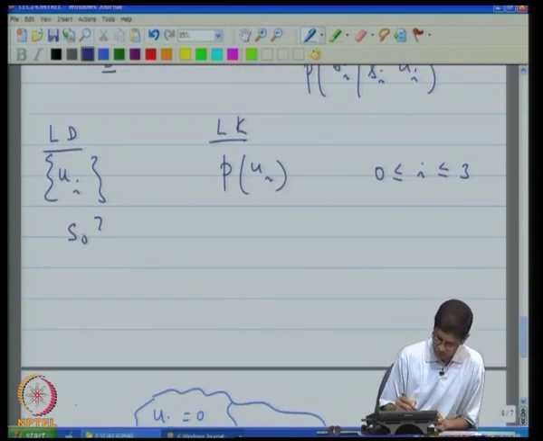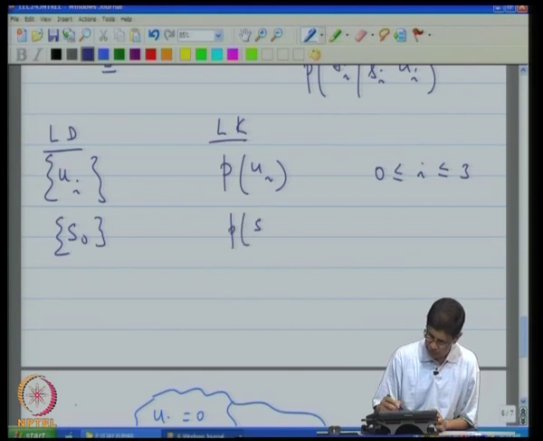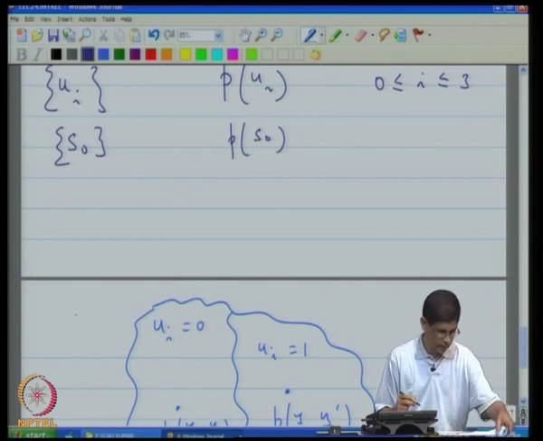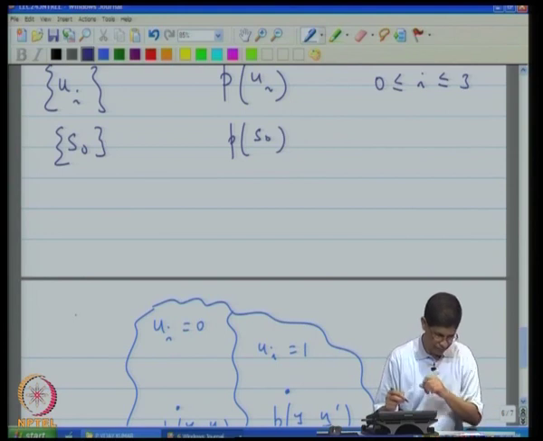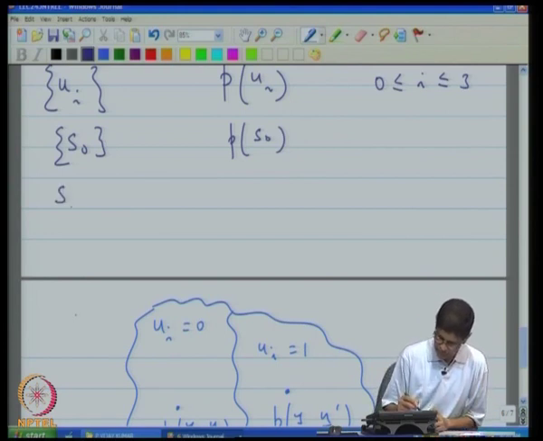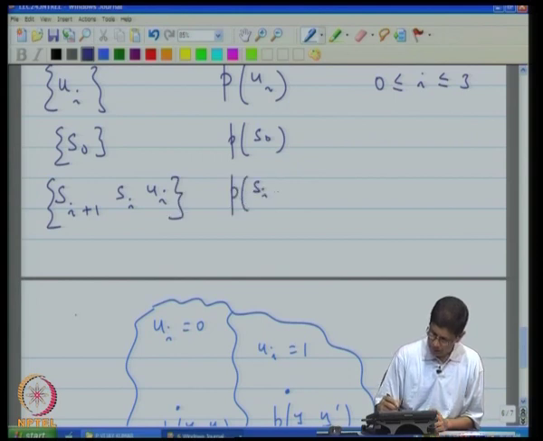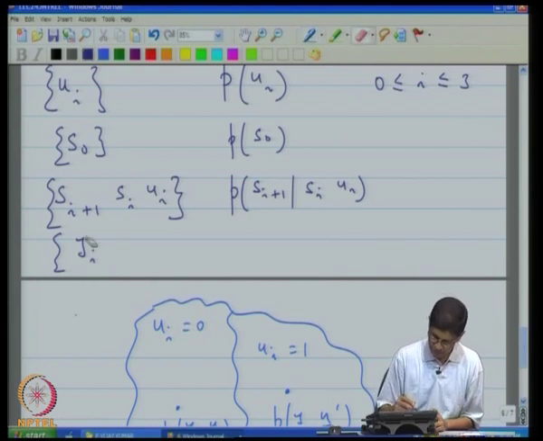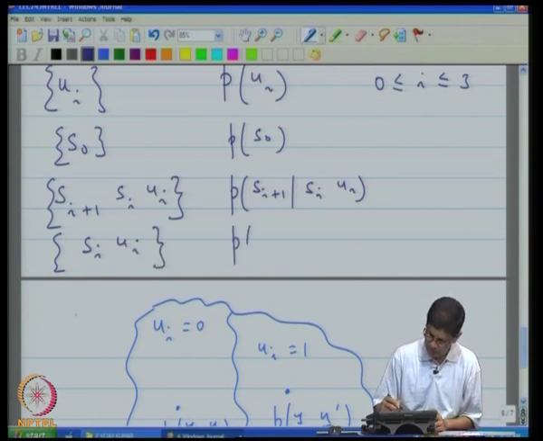and then you have S0 associated to P of S0, and you have Si plus 1, Si, ui associated to P of Si plus 1 given Si, ui, and then finally just Si, ui associated to P of yi given Si, ui.